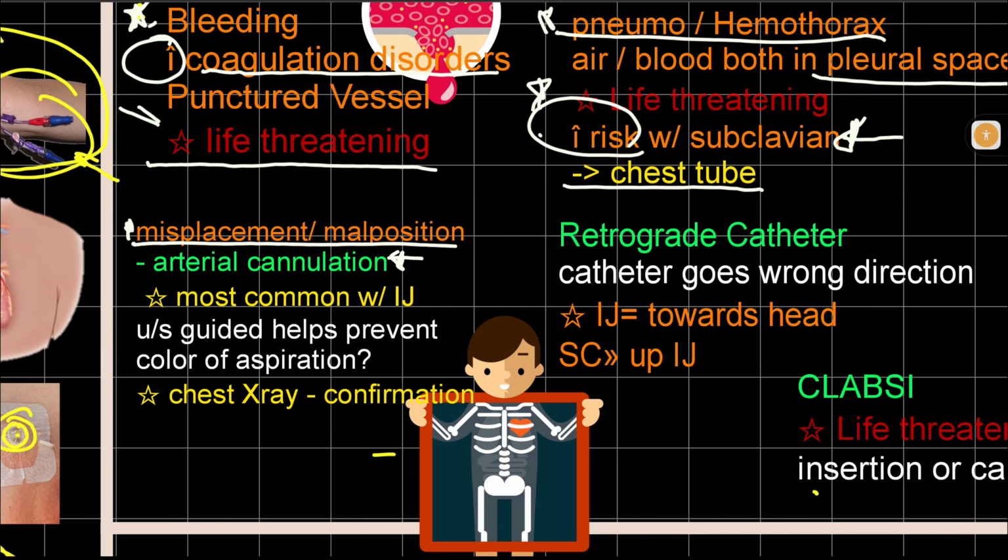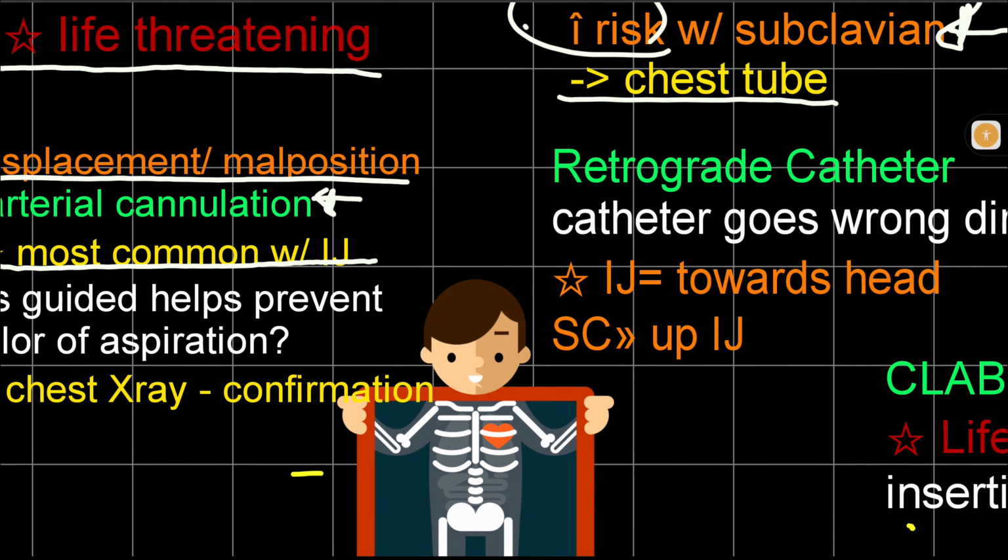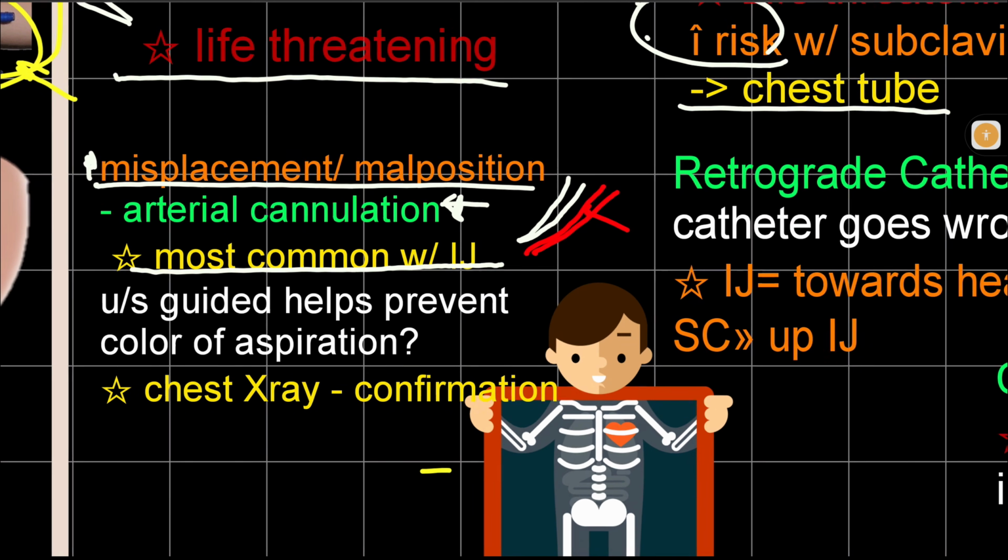Now, this is most common in your IJ because in your internal jugular, the artery and the vein are very close together. So there's really a possibility of arterial cannulation. What does that mean? Meaning, instead of puncturing the vein to insert the central line, you went through and through, or you punctured the artery, which is what we call arterial cannulation.